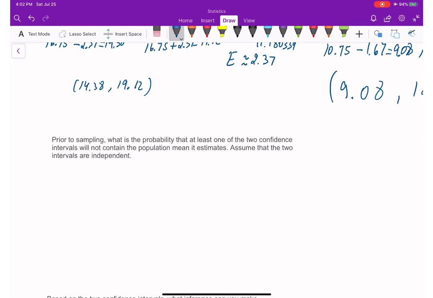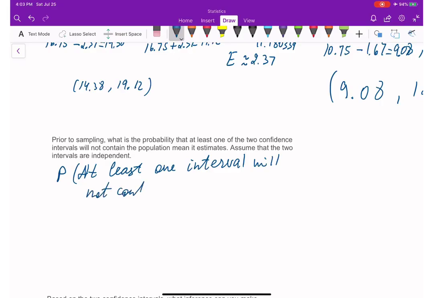The probability of at least one interval will not contain the mean is going to be 1 minus the probability for both. We have total both, right?